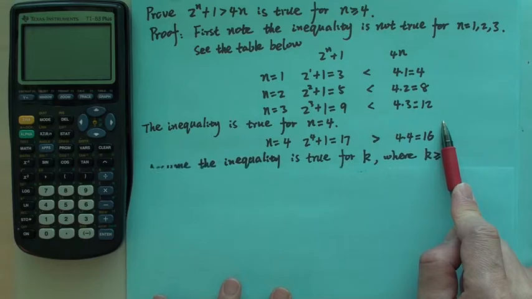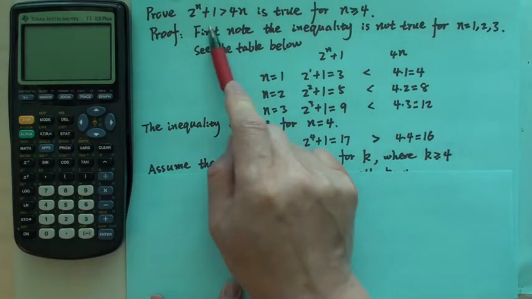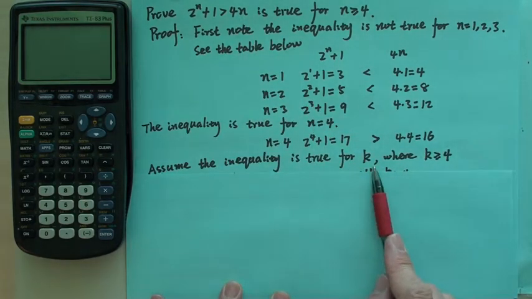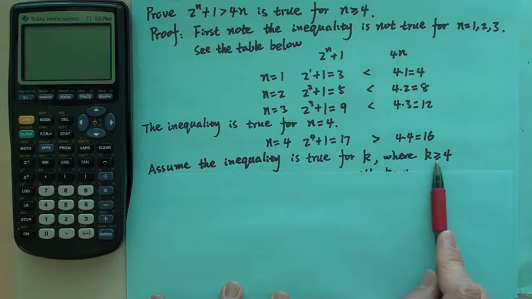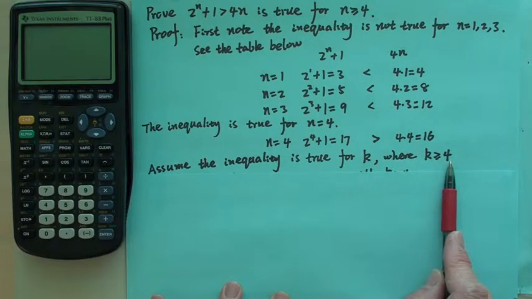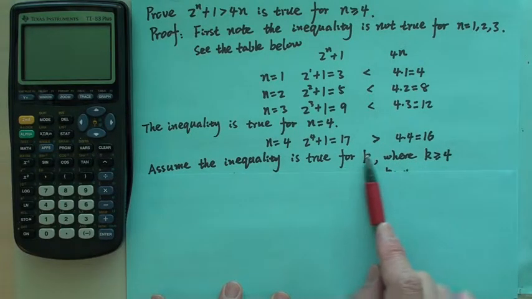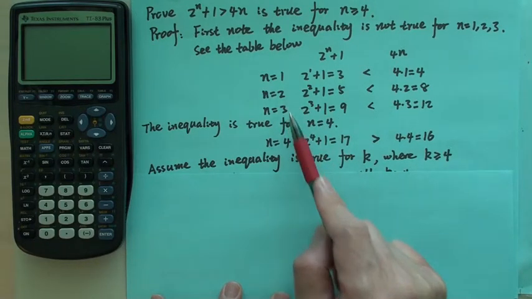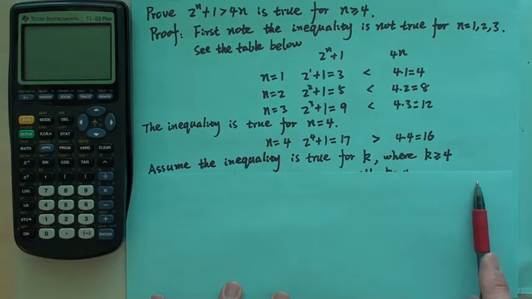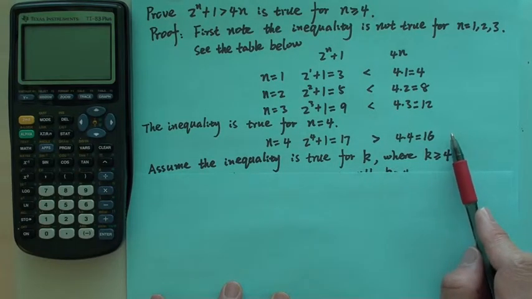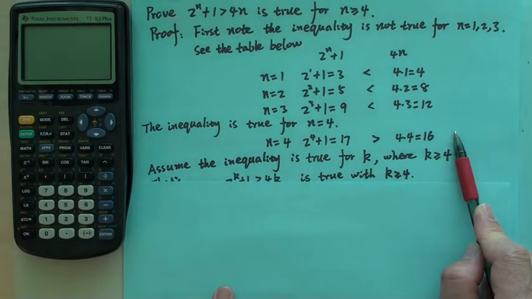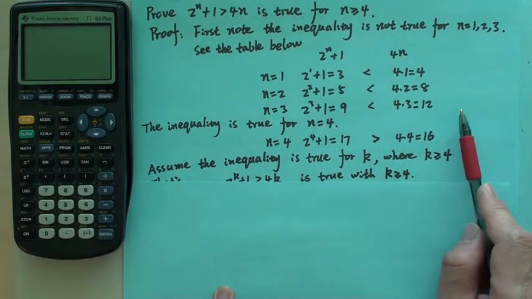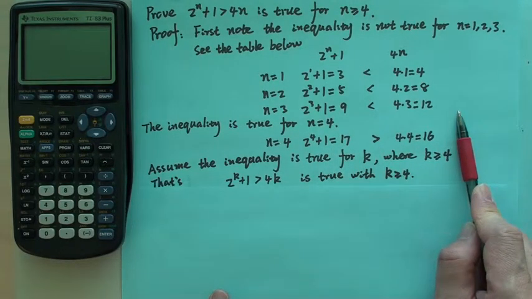Now we may assume this inequality is true for k, where k is greater than or equal to 4, because k can at least choose what? Choose 4, not 1, 2, 3. Starting with 4, k can at least be 4.